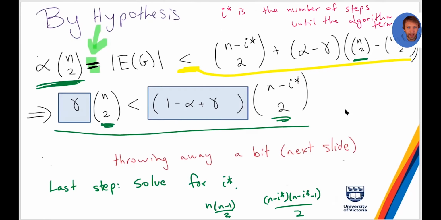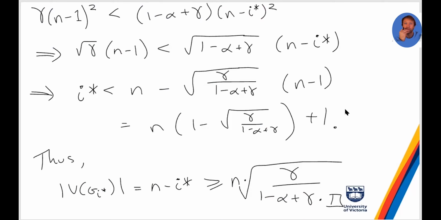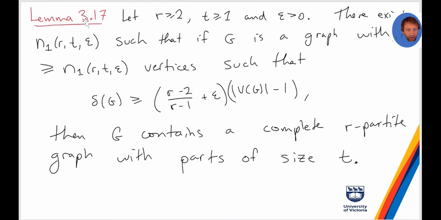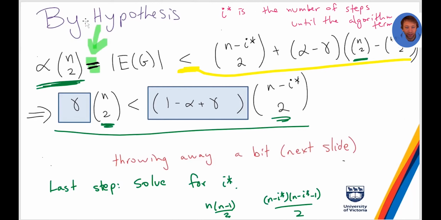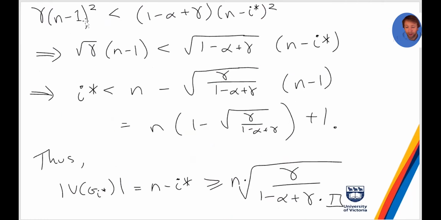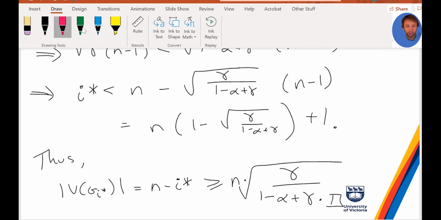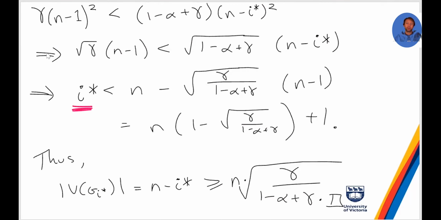So basically this last slide is, I believe, you can basically do that. Except on the right side, you have to replace n choose 2 with n minus 1 squared, and on the other side, replace n minus I with n minus I squared, or I star squared. Anyway, if you fiddle around with the algebra, you'll see that you can solve.